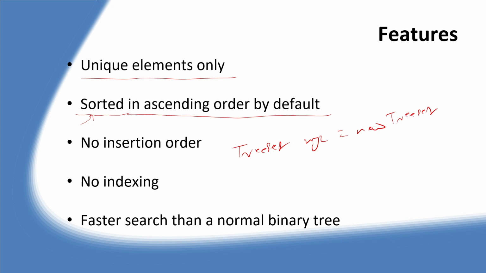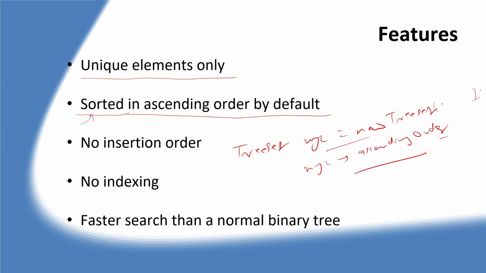If you create an object like this, it will be in ascending order by default. Why? Because we have not provided anything. We are not telling it to give the TreeSet in descending order, so by default it will give ascending order.